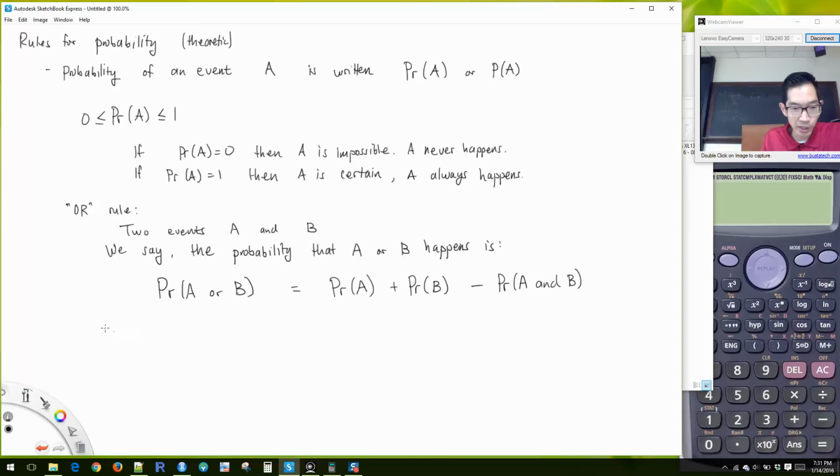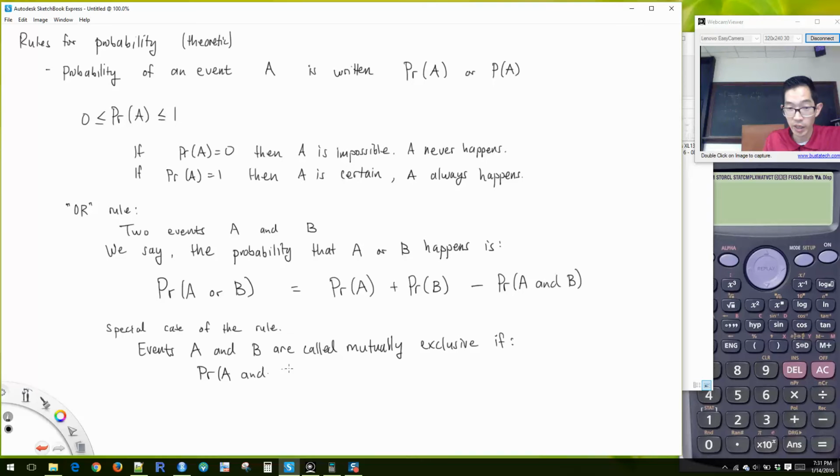And there's a special case of this rule. We say events A and B are called mutually exclusive if the probability of A and B equals 0.